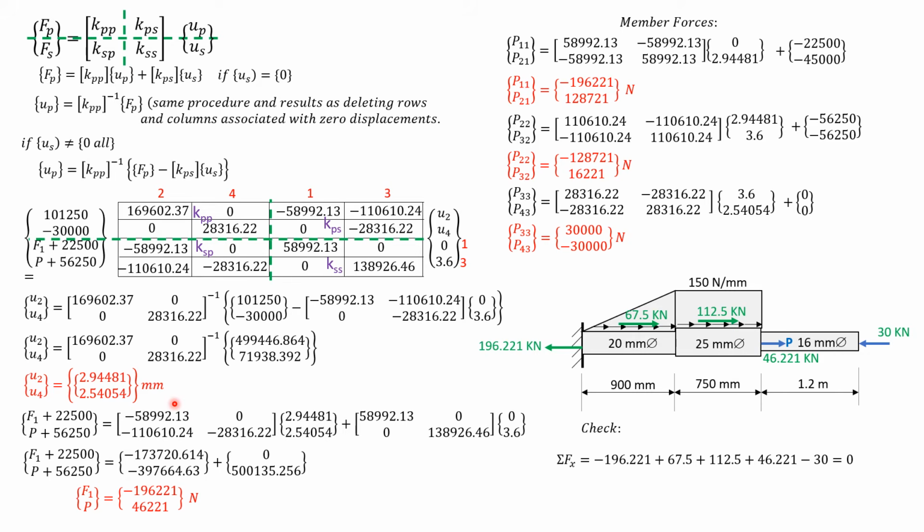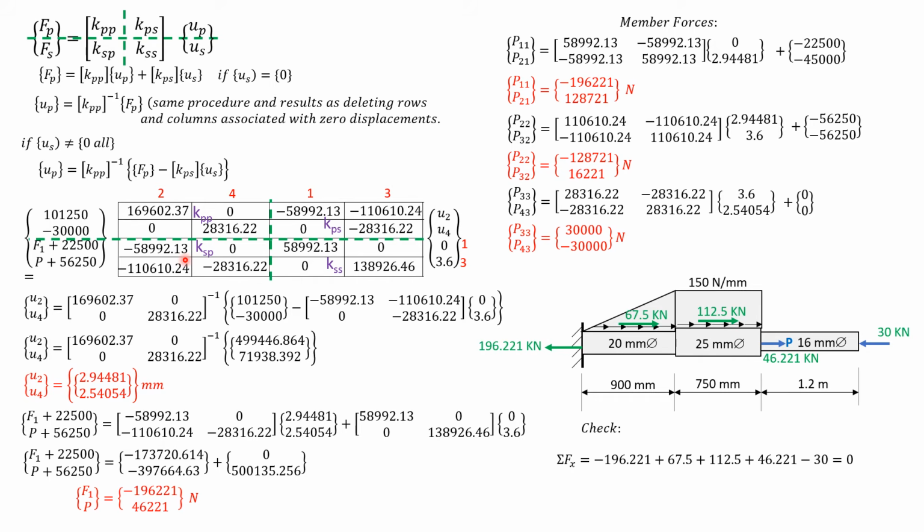Finally, we solved for F1 and P. So remember, F1 is F1 plus 22,500, not really F1, but there is a force there due to the non-nodal forces equivalent to the triangle there. So we expand row 1, this is row 1 actually.